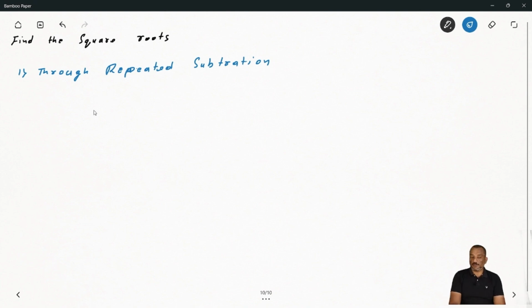Remember, this is the square root symbol. Now here it is saying find the square root of 16. We will try by the repeated subtraction method.